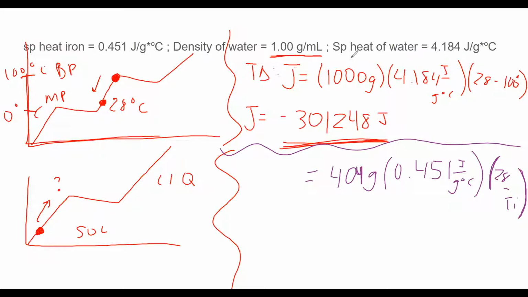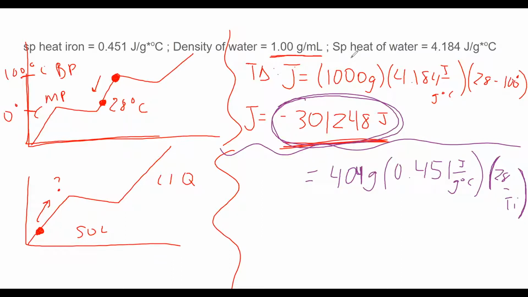All right, so solving the equation, we cannot have two unknowns, right? Our unknown for sure is TI, the initial temperature of the iron. So we're missing joules. We need to know joules in order to solve this equation. So where do we get that number from? From the previous one. It's going to be from the water, right?